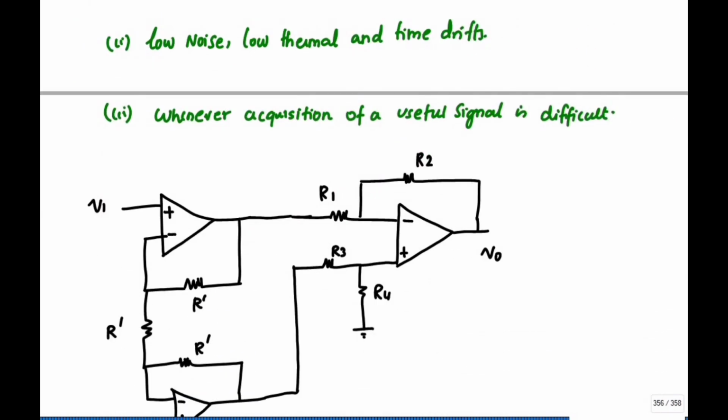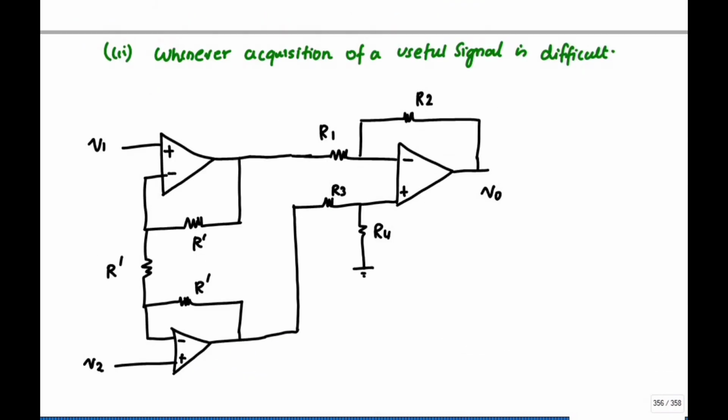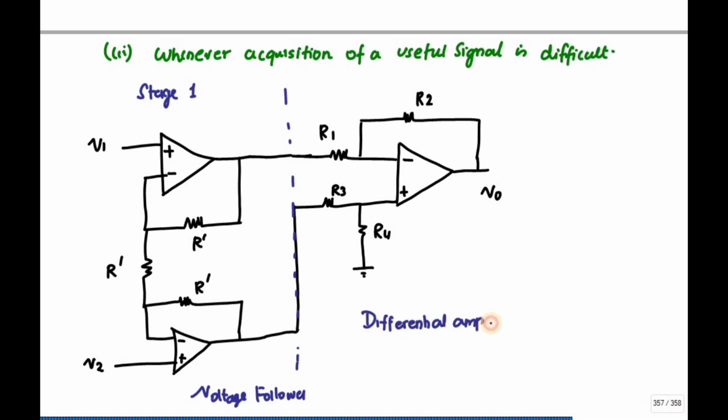This is a block diagram of the instrumentation amplifier. This is my stage 1 and this is my stage 2. Stage 1 represents the voltage follower, and this one is a differential amplifier, my stage 2.